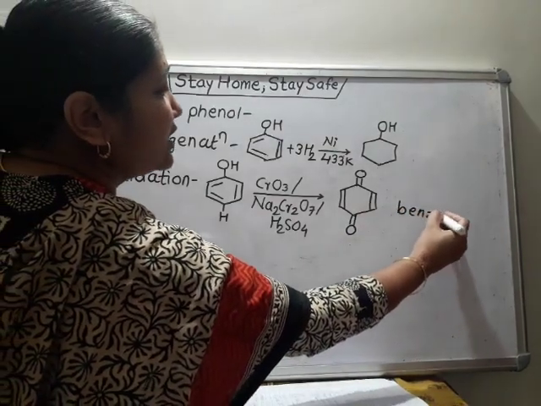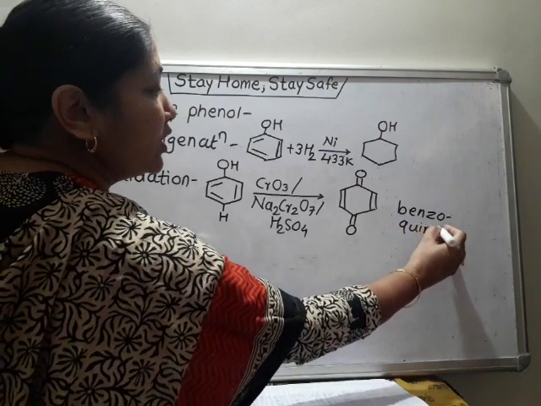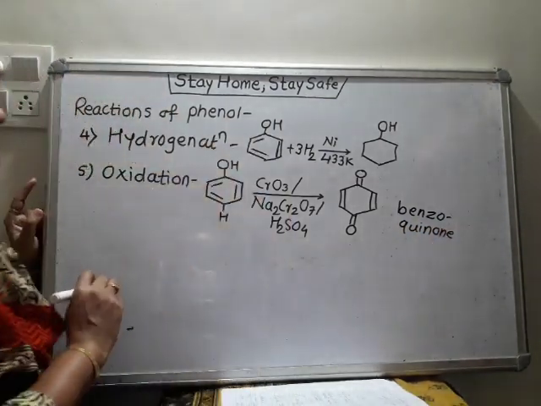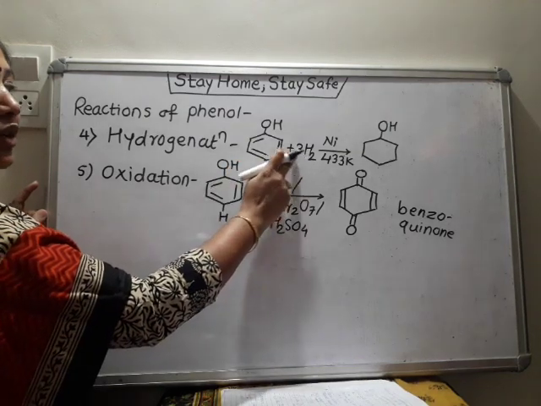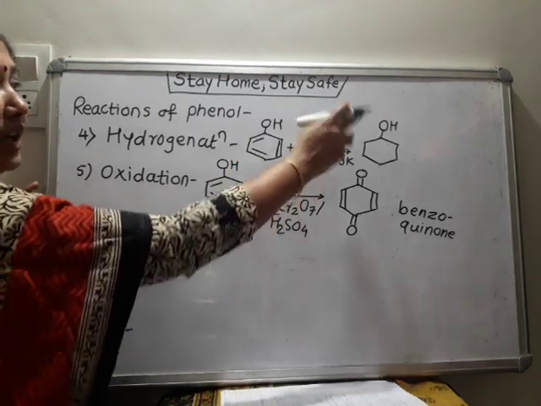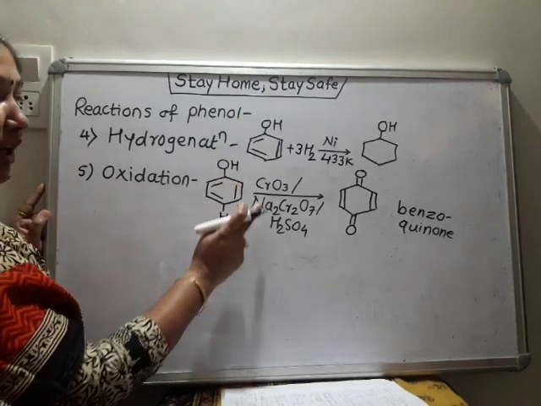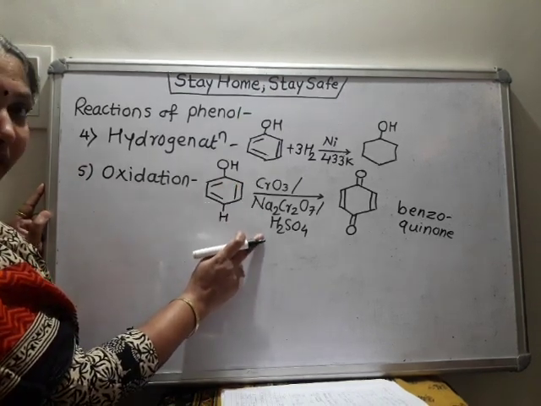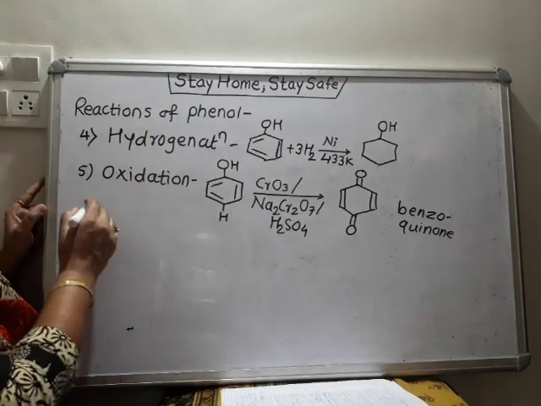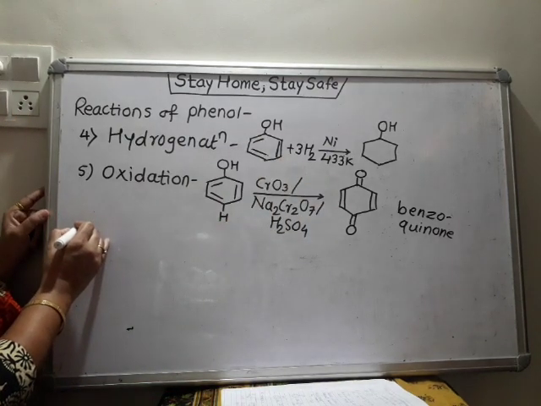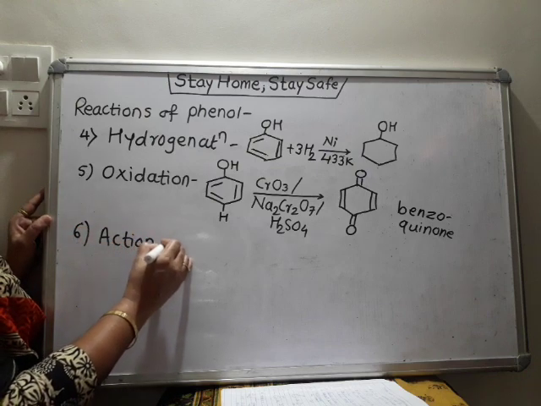We call this benzoquinone. Okay. So hydrogenation is done by using H2 nickel, we get cyclohexanol. Oxidation is done by using chromic anhydride or acidified sodium dichromate, we get benzoquinone.